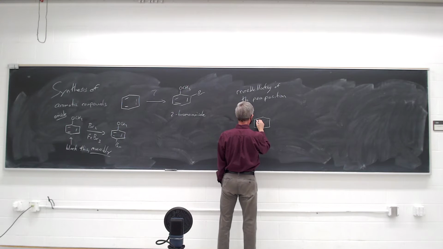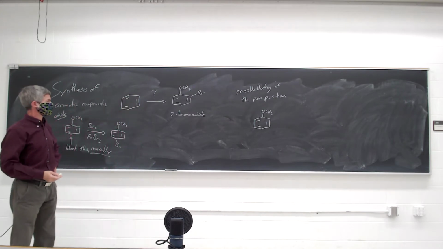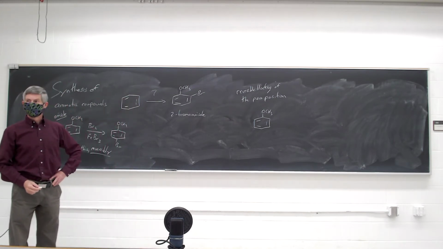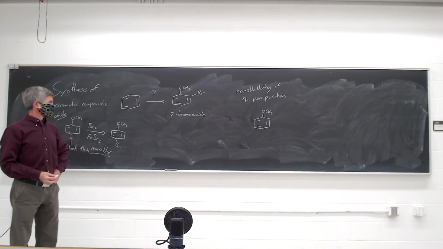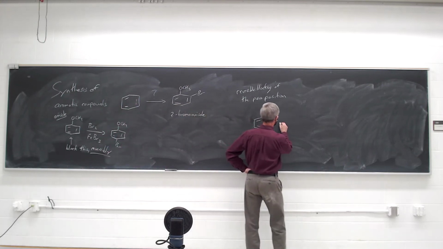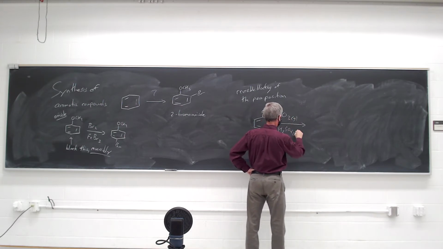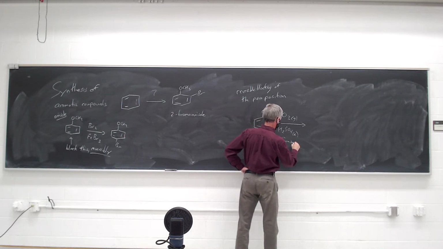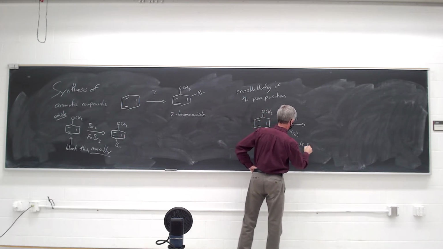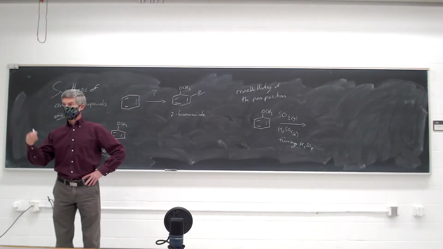Or in other words, what groups are available to you that can be taken back off again afterwards? And one of those is the SO3 group. Because in fuming sulfuric acid, you can put an SO3 group on, and in dilute sulfuric acid, you can heat it up and take it back off.